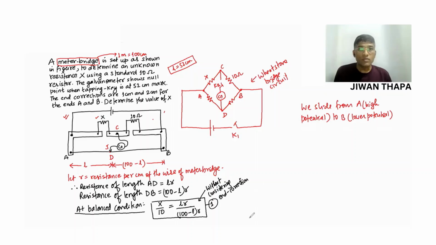Now, when you see in this question, I'm writing over here, this is LR, this is (100 minus L) times R. So we have this. Clear? Now what we find, this cancels out. Therefore, finally, we can write in this way. So we get this.